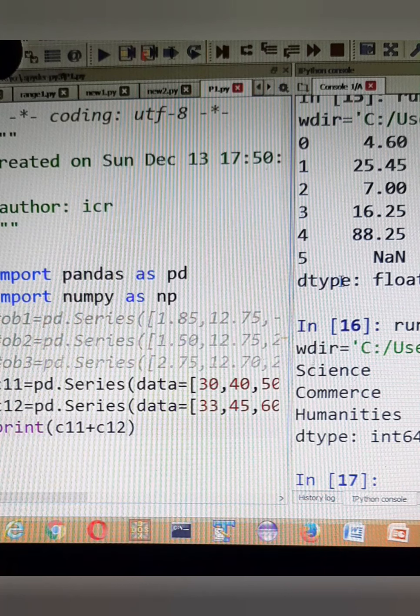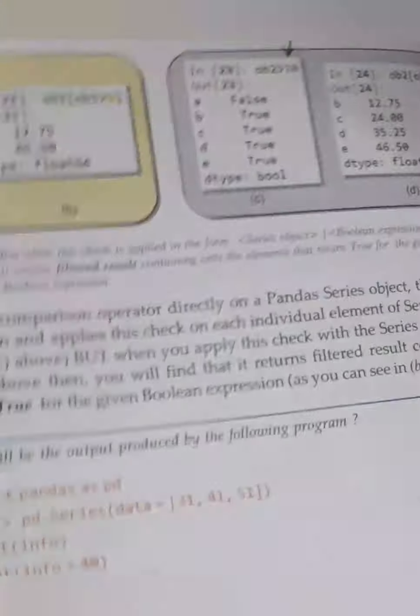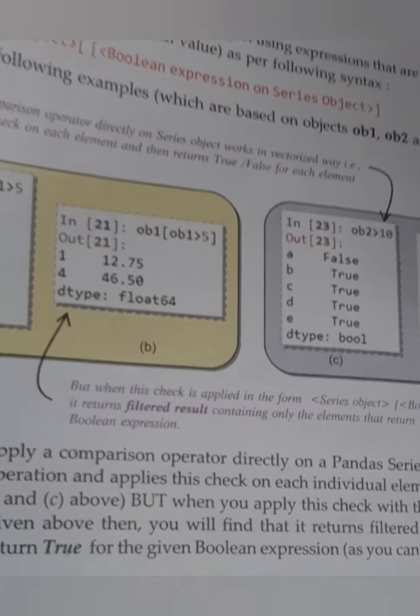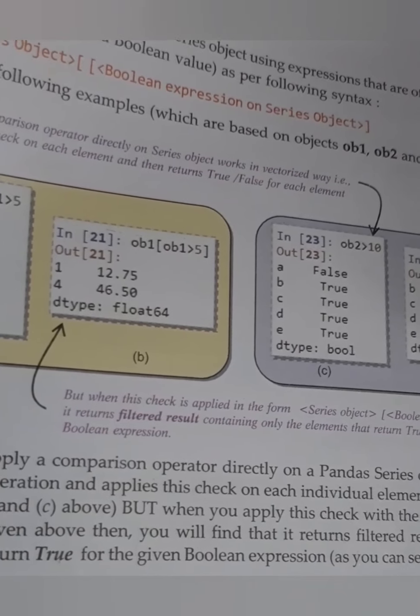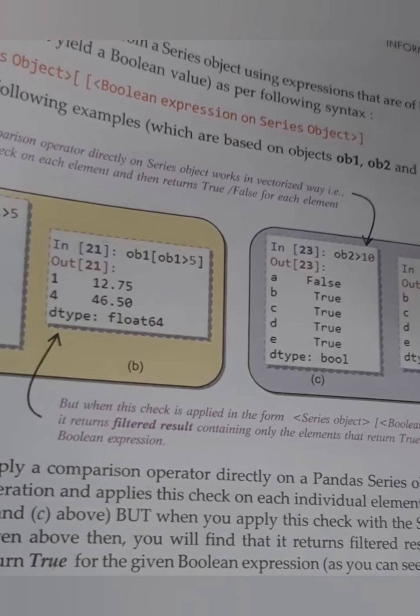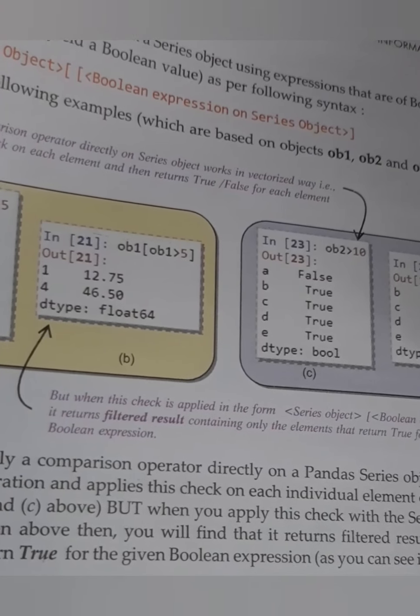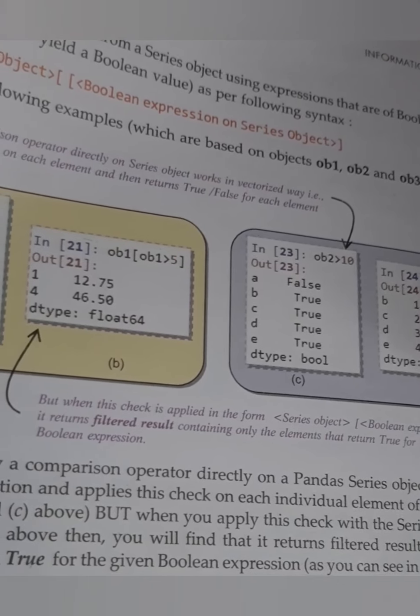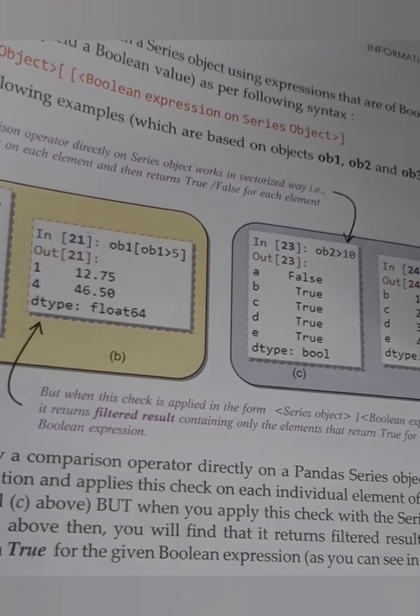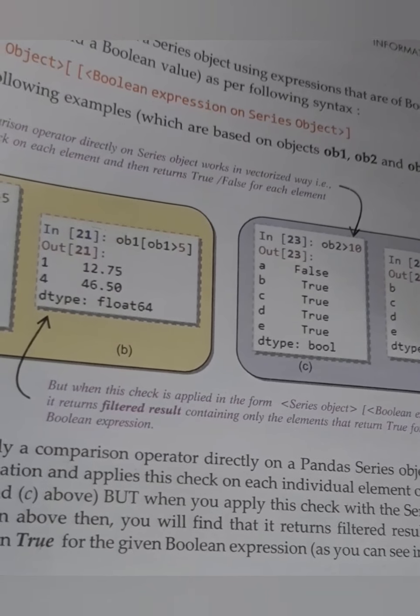Example 19 is saying, what will be the output produced by the following program? So this is the program that is given. Import pandas as pd, info equals pd.Series, data is 41 and 51, and print info.